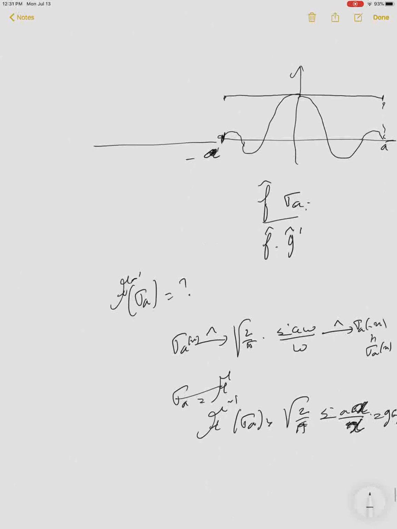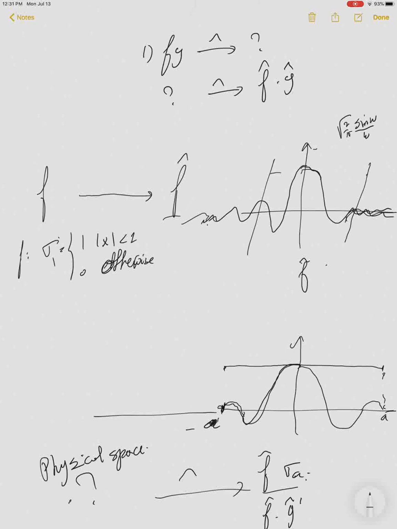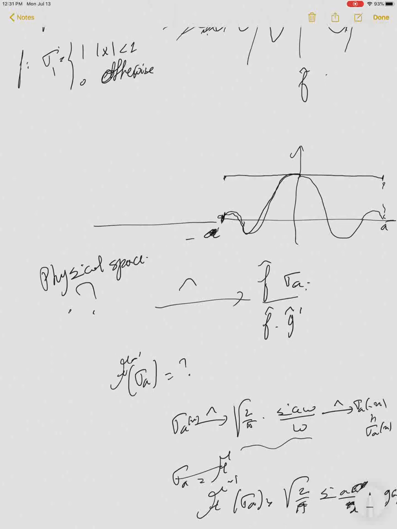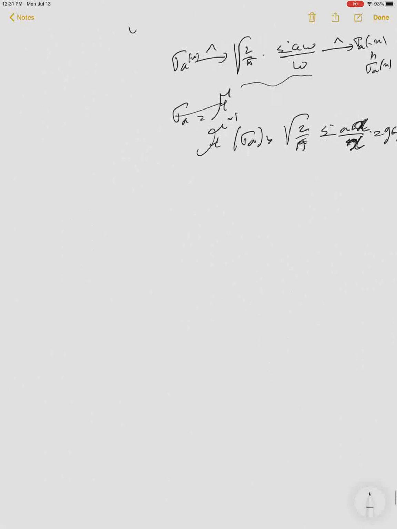But sigma a by itself is the Fourier transform of the following function. So if I want to receive only this part of my signal, the question is, what should I send in physical space? Definitely, I should not send f, because f will give me the high amplitude and the low amplitude that have high oscillation. So I should send something related to f, but what is this? And this is the motivation of convolution with Fourier transform.